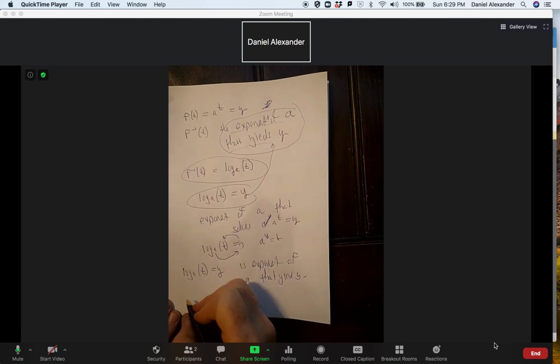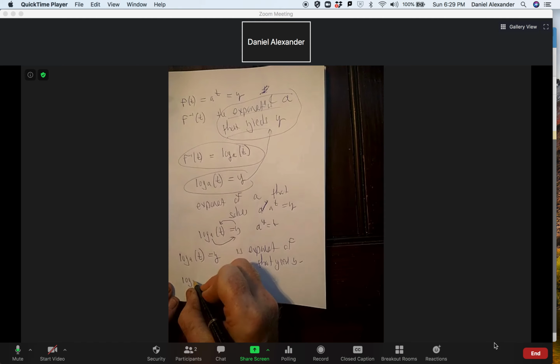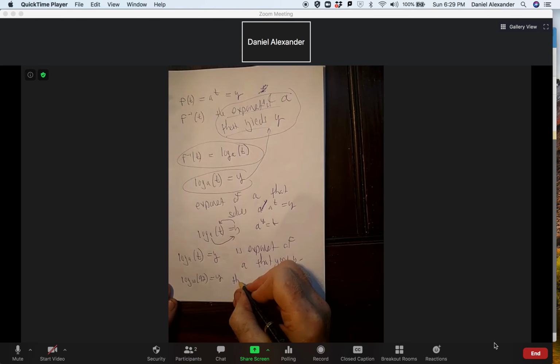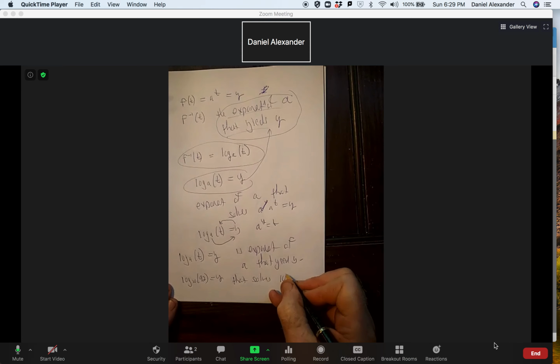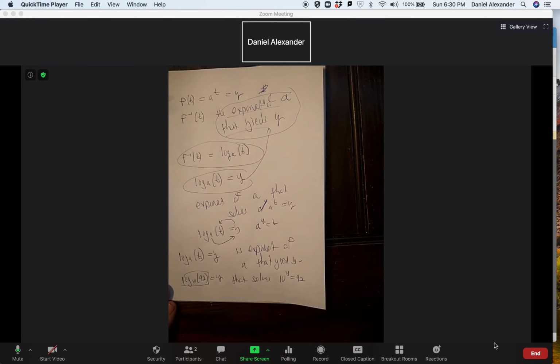So let me give you a numerical example. We want to find the log base 10 of 92. And let's just call that y. That solves 10 to the y equals 92. So that number is going to be the solution to that.